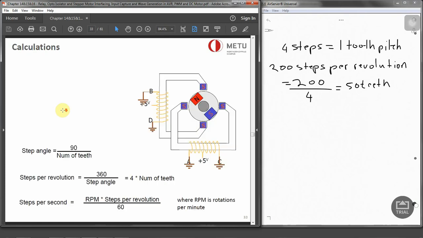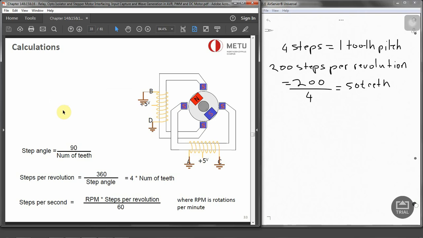So the equations are given. The step angle is 90 over the number of teeth, and steps per revolution is 360 divided by step angle, or 4 times the number of teeth, and steps per second is given by rotations per minute, RPM, times steps per revolution divided by 60.